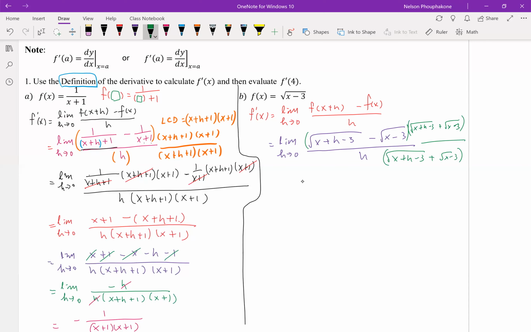Now I will have the limit as h approaches 0 of x plus h minus 3 minus x minus 3, which is x plus h minus 3 minus x plus 3.